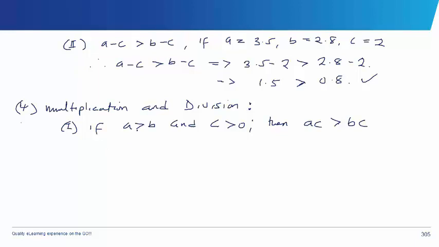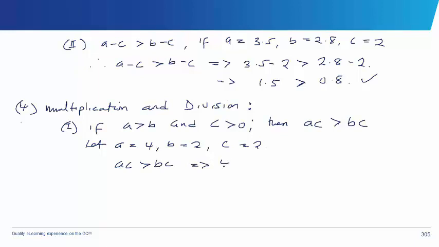And so let's try to illustrate this. Let's take A to be equal to 4, B to be equal to 2, and C to be equal to 2. Okay, 2 is a positive real number. Let's see whether this implies AC greater than BC.